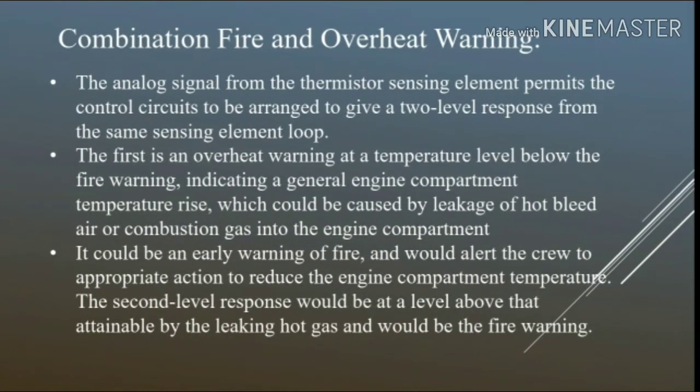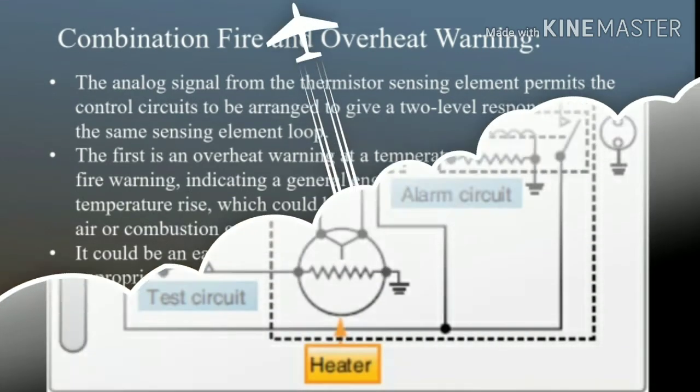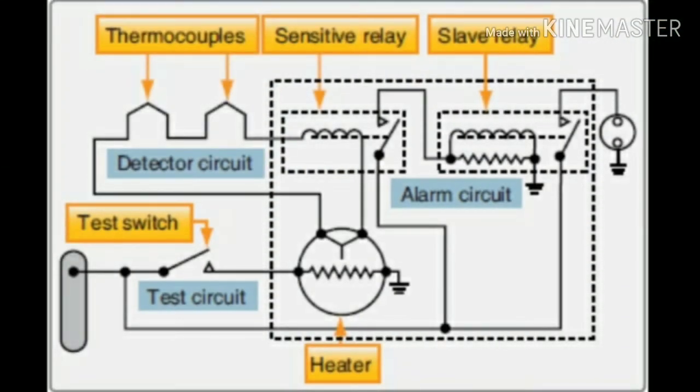Combination fire and overheat warning. The analog signal from the thermistor sensing element permits the control circuits to be arranged to give a two-level response from the same sensing element loop. The first is an overheat warning at a temperature level below the fire warning, indicating a general engine compartment temperature rise, which could be caused by leakage of hot bleed air or combustion gas into the engine compartment.